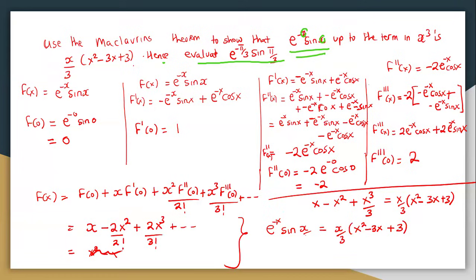Very good. It is pi over 3. So we shall say e to the negative pi over 3 sine of pi over 3. Where there is x, we put pi over 3. So we shall have pi over 3 divided by 3 into pi over 3 squared minus 3 times pi over 3, then plus 3.